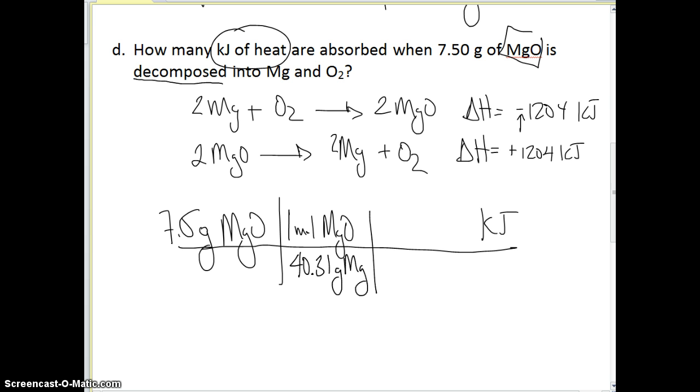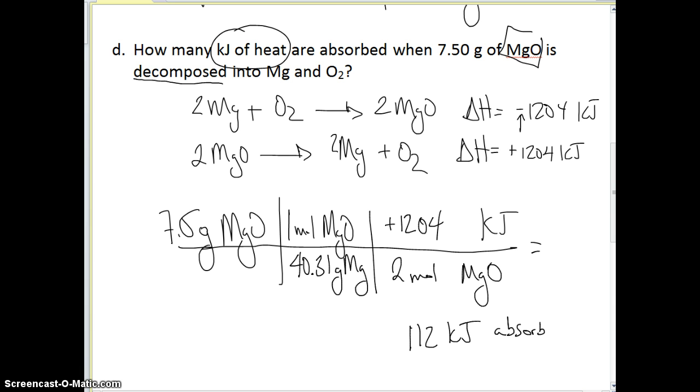Then, looking at this balanced equation, for every 2 moles of MgO, we're going to get positive 1204 kilojoules. So let's run this through our calculator, and I'm looking at an answer of 112 kilojoules of heat absorbed. So it would take heat input to get this to run backwards.